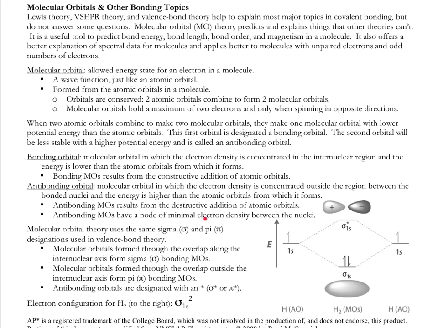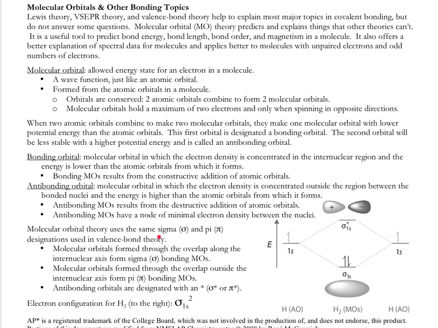We still use the sigma and pi notation, but this time it's connecting a little more directly with the s orbitals and the p orbitals. Maybe you didn't see the connection before, but pi bonding always occurs when p orbitals overlap side by side. P orbitals can overlap end to end and be a sigma bond, but when they're overlapping side by side, it's a pi bond.